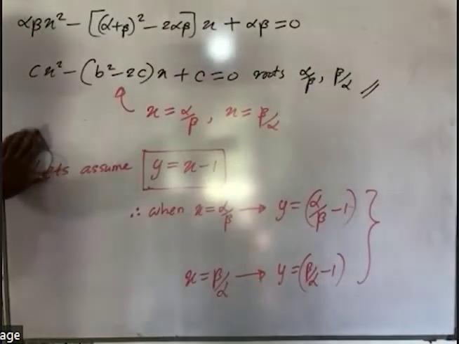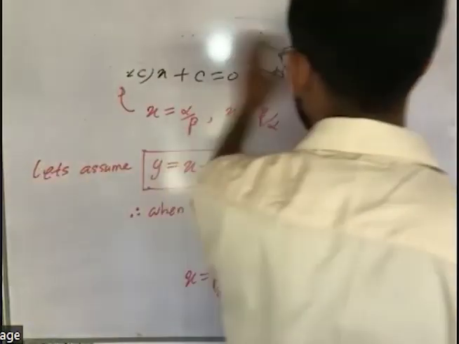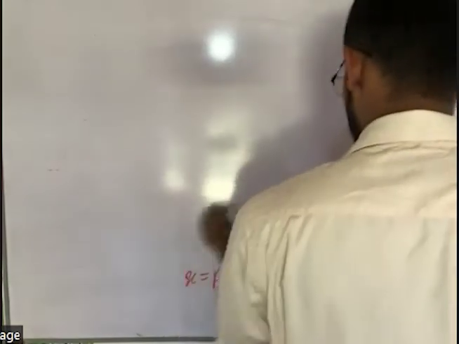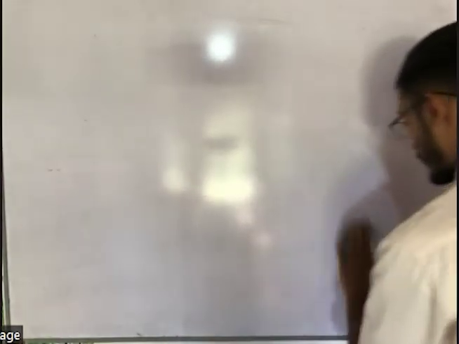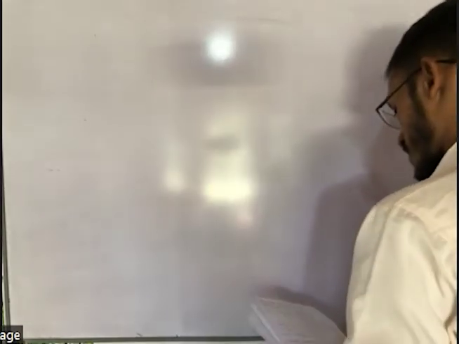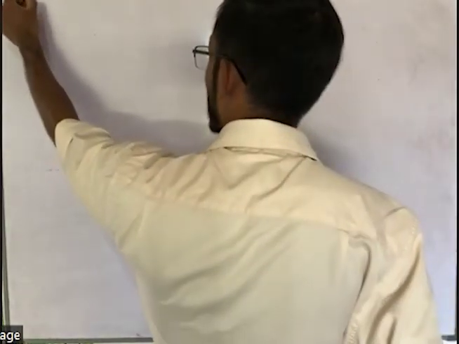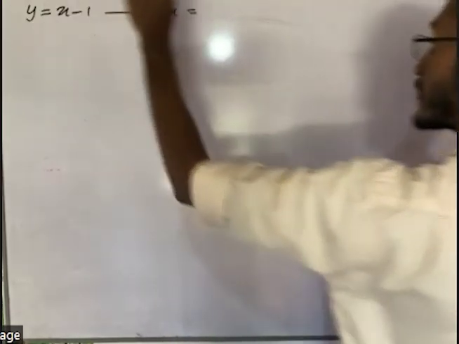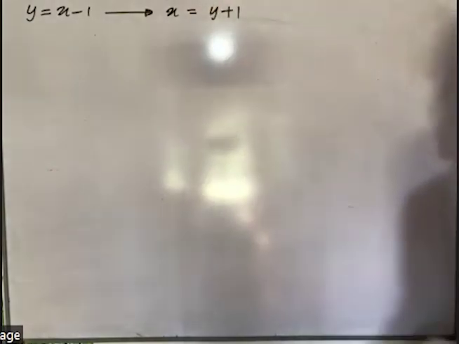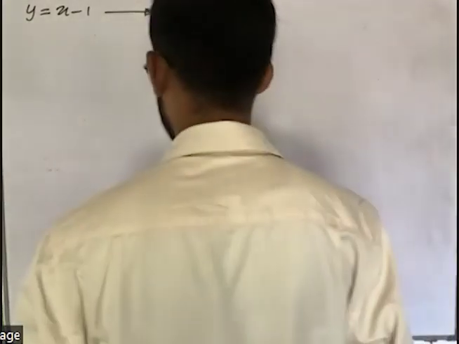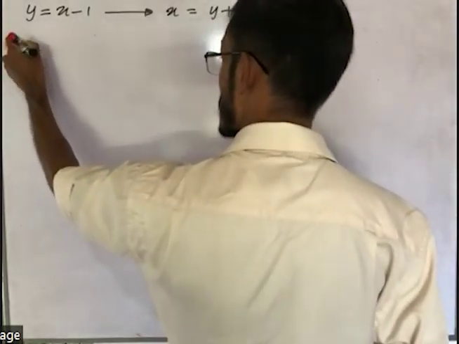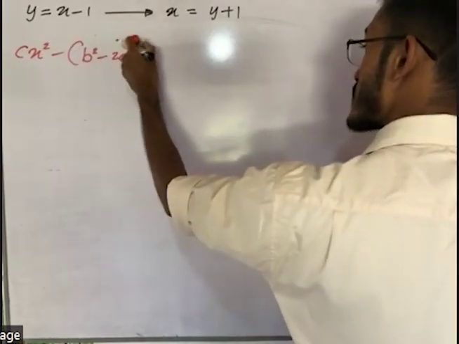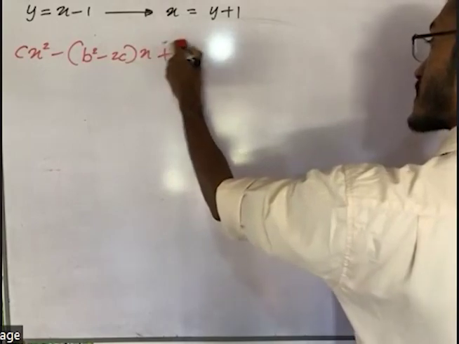Right. Now we can convert this x value to another value, right? So we know that y equal to x minus 1. Therefore, if you take this 1 to the other side, x equal to y plus 1, right? So the given equation is cx square minus b square minus 2cx plus c equal to 0.